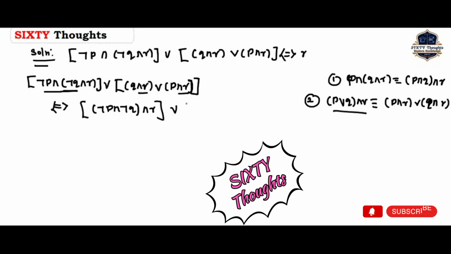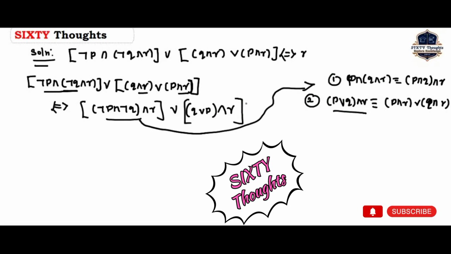The common term R, you take outside, and the remaining values you write inside the term. That means Q or P. Okay, so you get this one. So what is the reason? Here we applied the associative law, and this one we consider the distributive law.